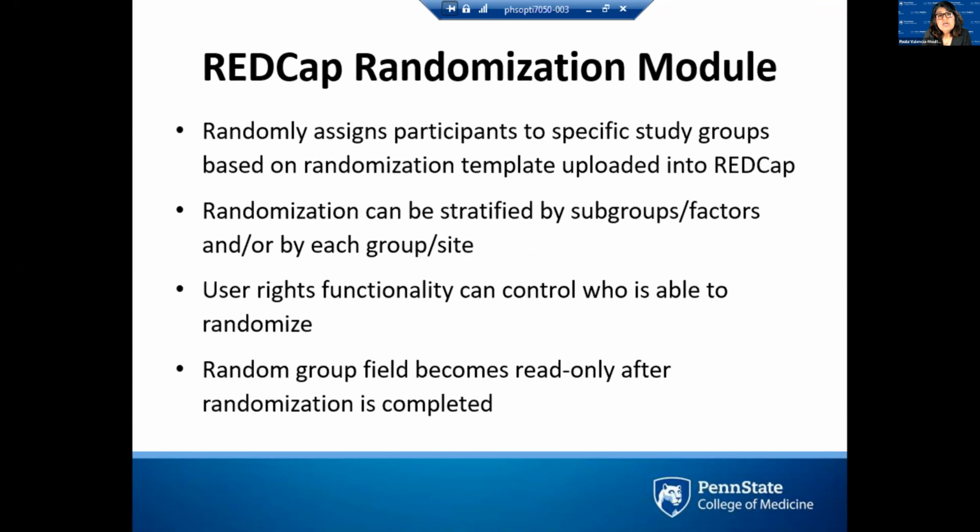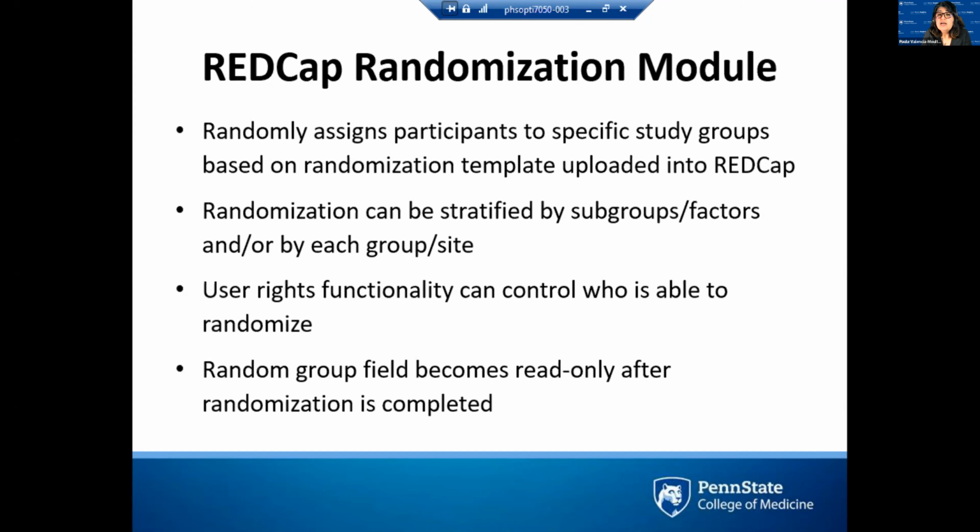Once you have identified the different criteria that are going to be utilized to randomize the participants and have created the data entry form for the randomization step, you can use that information to create a blank template that can then be filled by your statistician with the different treatment allocations, and then uploaded into REDCap.